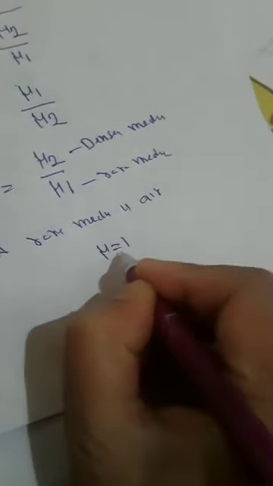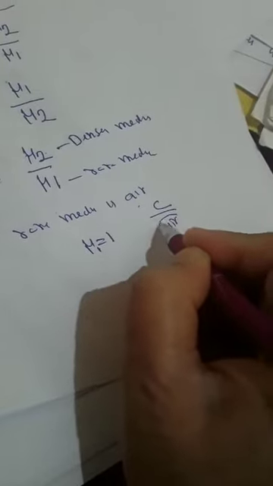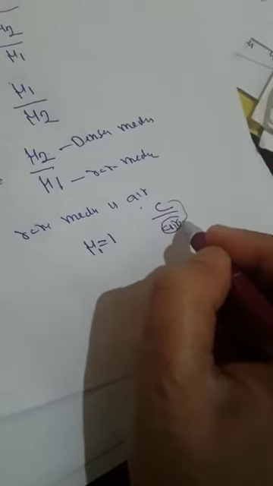Rare medium I have considered here as air. If the rare medium is air, then almost the value of mu 1 is equal to 1, because if you remember the definition of refractive index, it is the speed of light in vacuum to the speed of light in air. The speed of light in air is almost equal to the speed of light in vacuum.